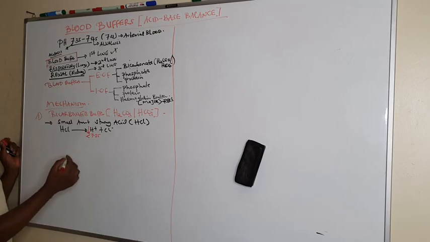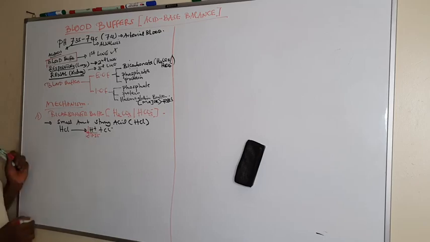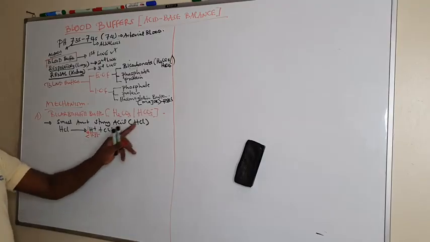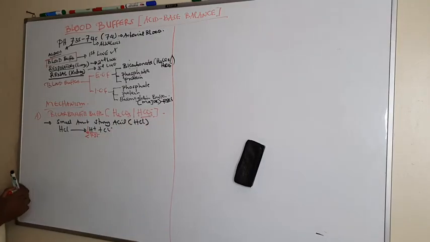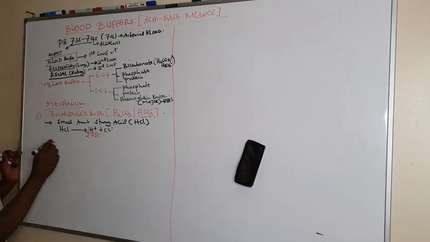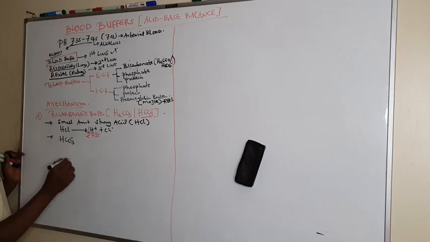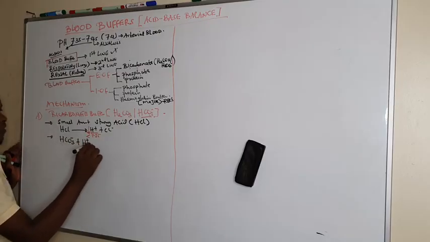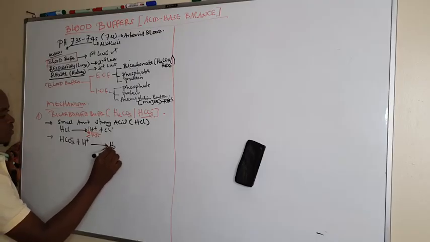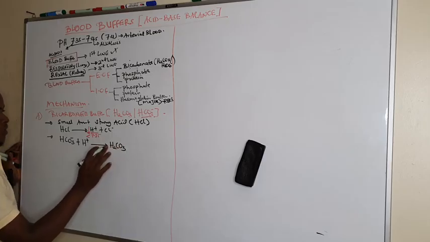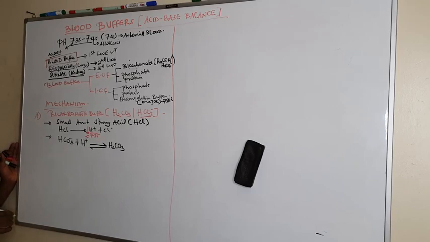So what happens? These hydrogen ions liberated from a strong acid are going to be buffered by the conjugate base, the bicarbonate. The bicarbonate in the solution is going to accept these hydrogen ions to form weak carbonic acid, and this acid is a weak acid, so it dissociates partially.